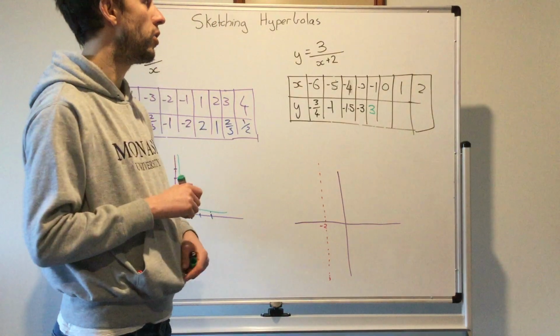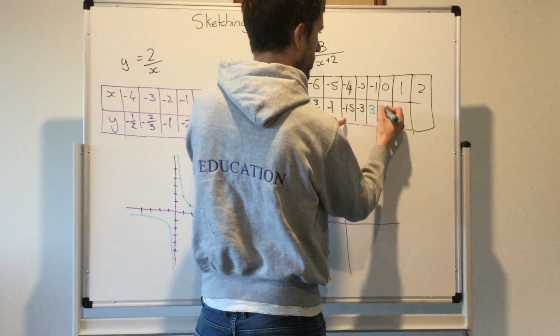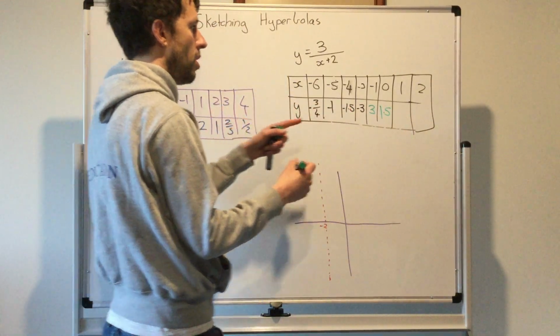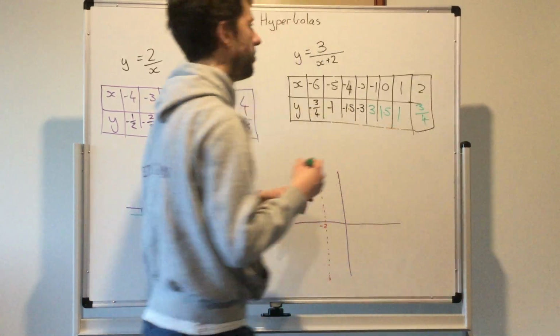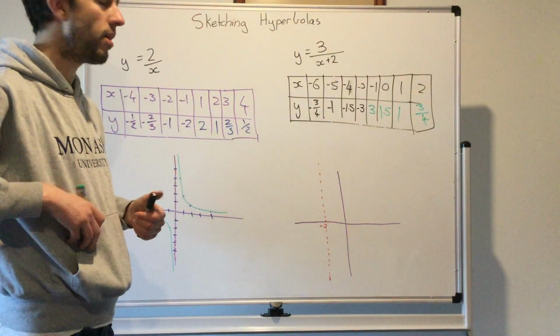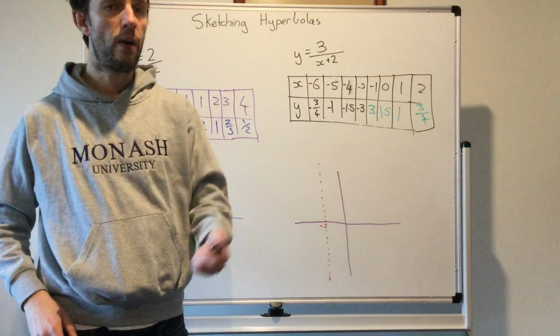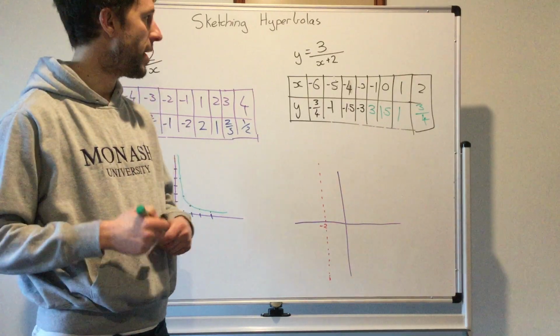Then we've got 0. 0 plus 2, 3 divided by 2 is 1.5. So it's doing exactly the same thing, just on the other side. 1, and it'll be 3/4. So we know it's not going to be touching -2. That is our asymptote.